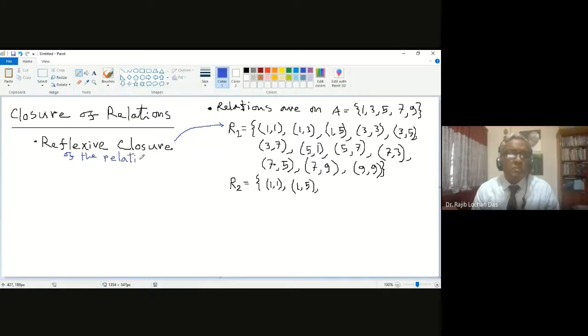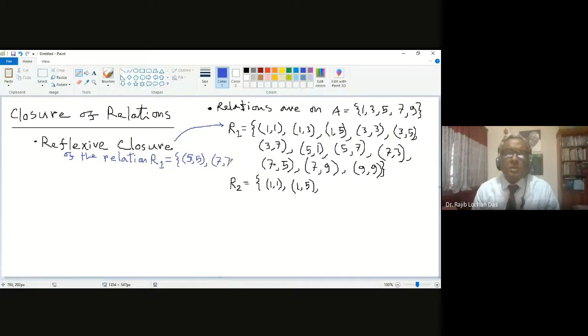The reflexive closure will be (3, 3), no, (3, 3) is given, (5, 5), and another missing (7, 7).